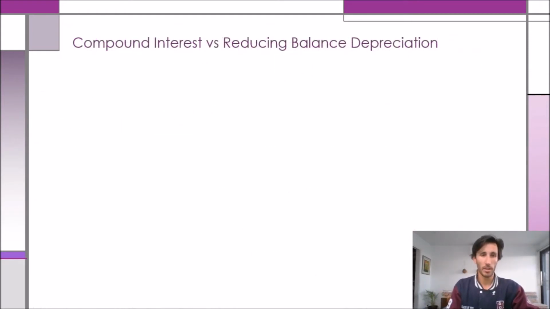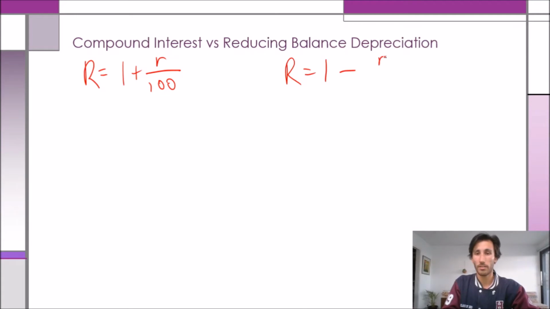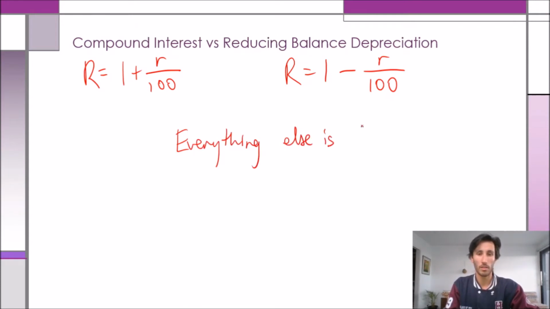So, like I just said, the only difference is for compound interest, R is equal to 1 plus r over 100. And for reducing balance, R is equal to 1 minus little r over 100. Everything else is the same.